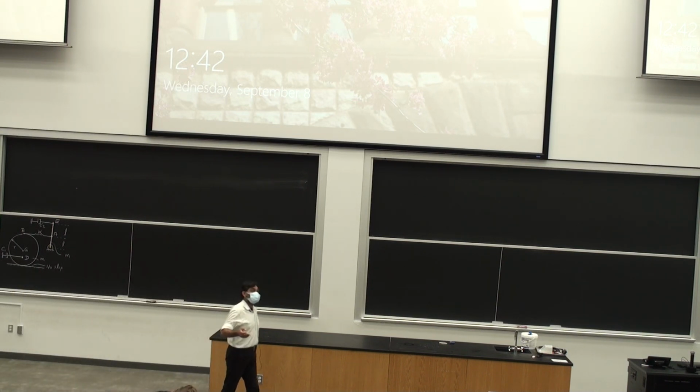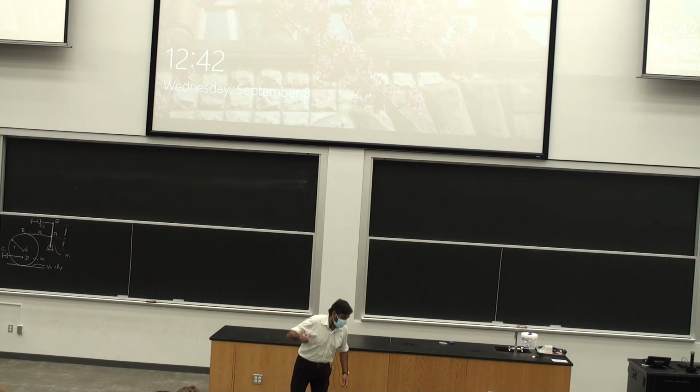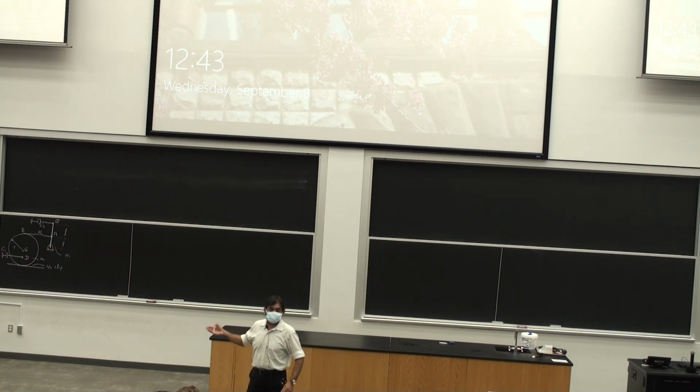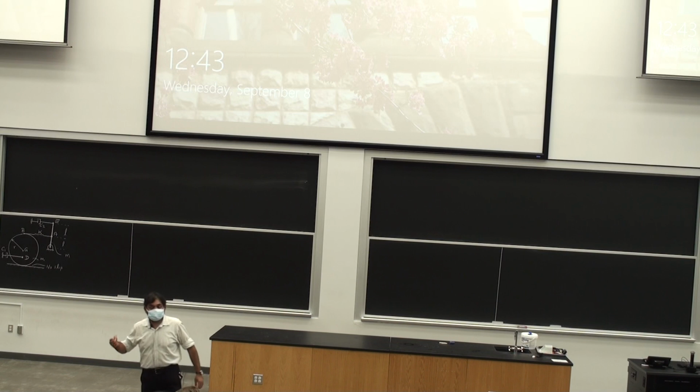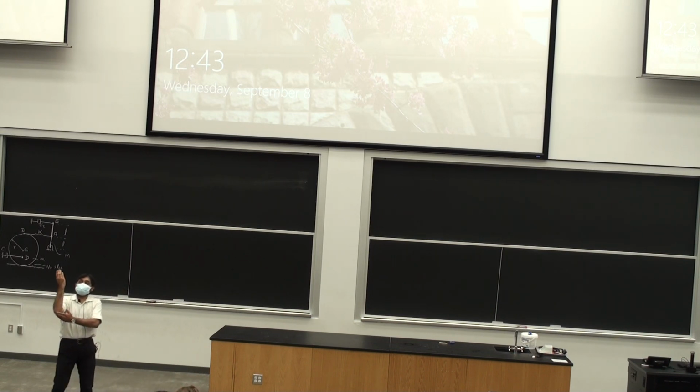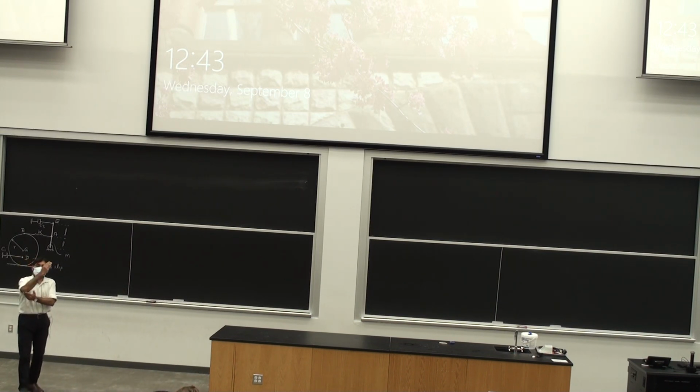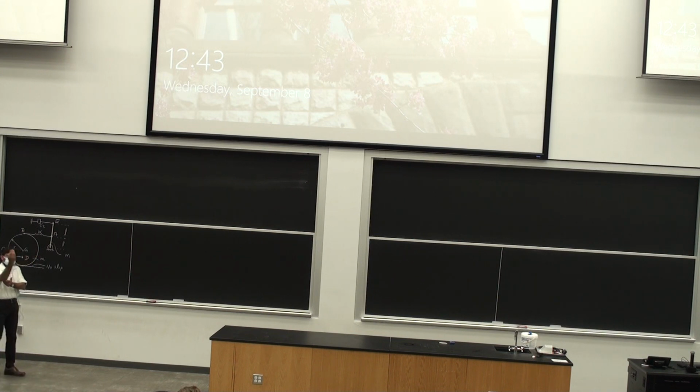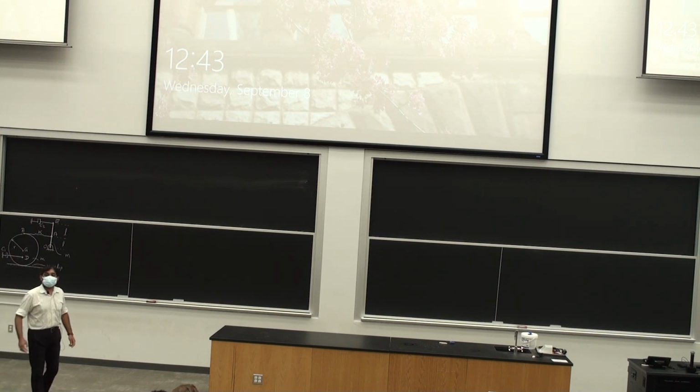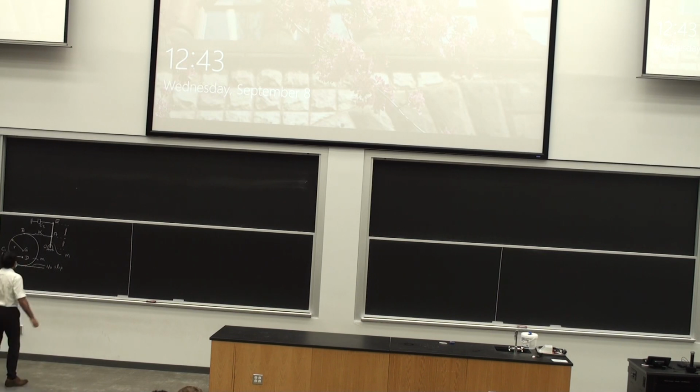Because of the fact that the disk is rolling without slip, there is only one variable that describes its motion, which is theta of t. And because of the fact that this bar is fixed at the point O and performing circular motion, the center of mass of the bar is performing circular motion about the point O here. There's only one coordinate that is required to specify the motion of the bar, which we call phi of t.